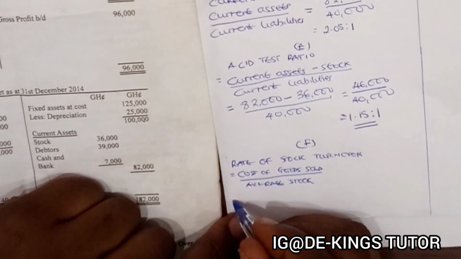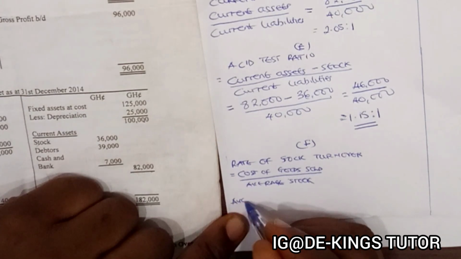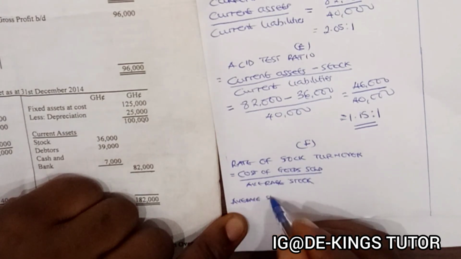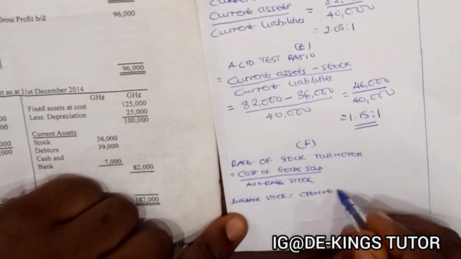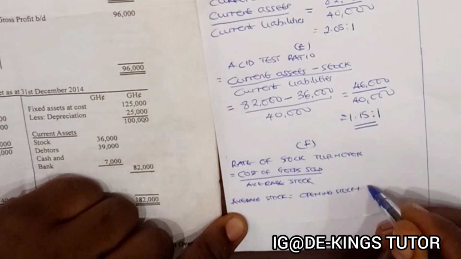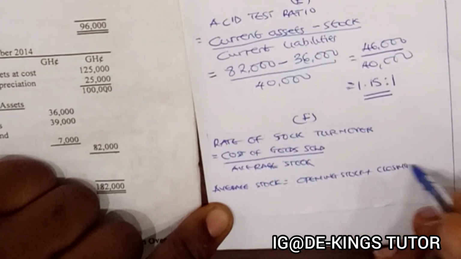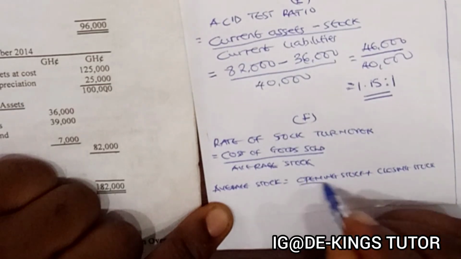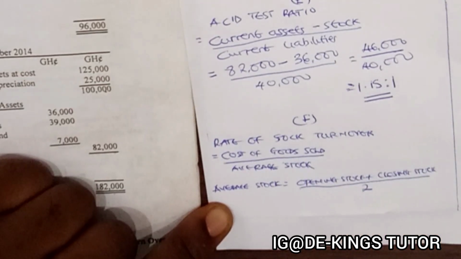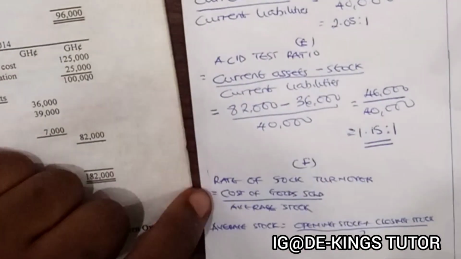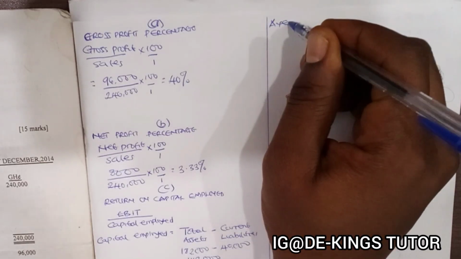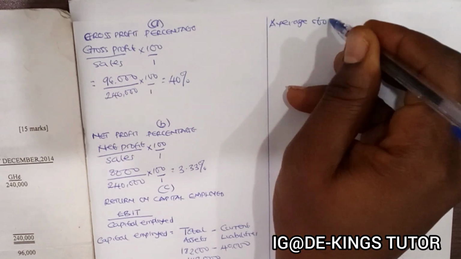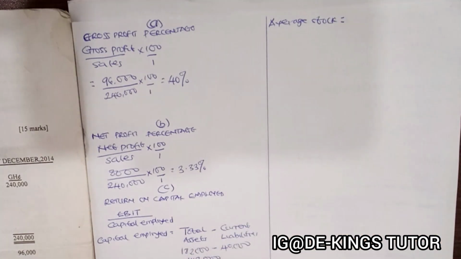Okay, but the average stock is given as the opening stock plus the closing stock, all divided by 2. So we are going to get the average stock first.